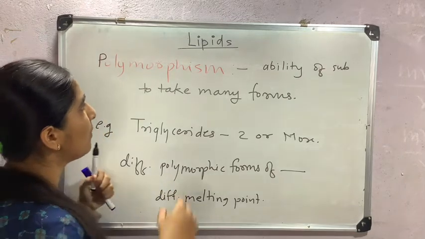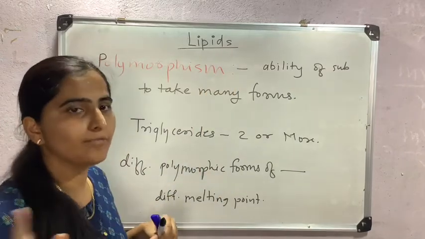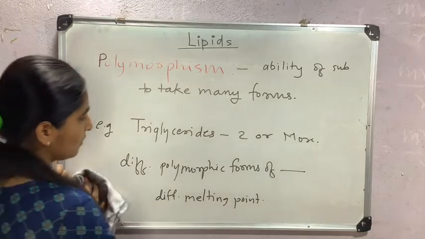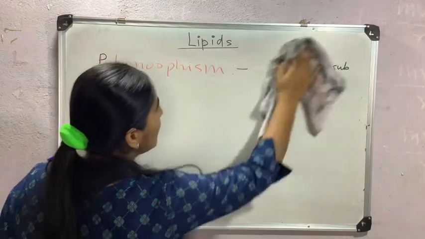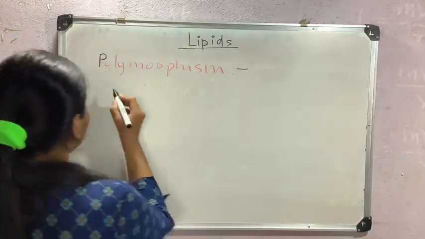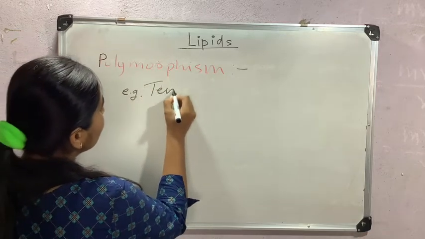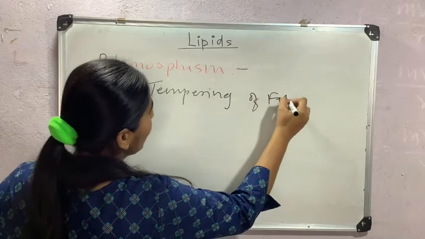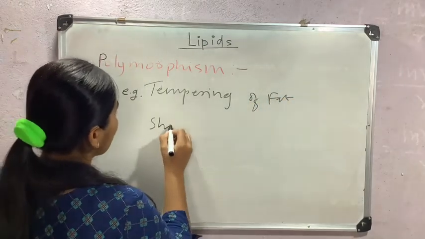So this is about polymorphism, and its application in food technology is tempering of fat. Tempering means a heating and cooling process. An example of this polymorphism is tempering of fat and shortening of fat.